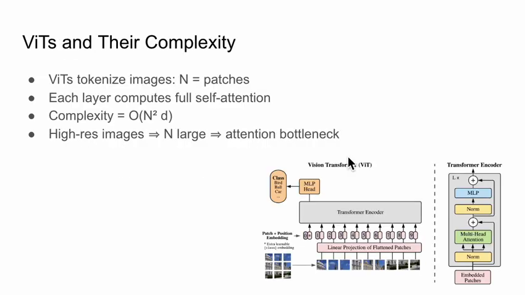ViT splits an image into n patches, as we can see in the figure, and each layer applies a full self-attention, so it's n-squared interactions, quadratically large. High resolution images mean like 196 or 576 tokens, so it blows up.